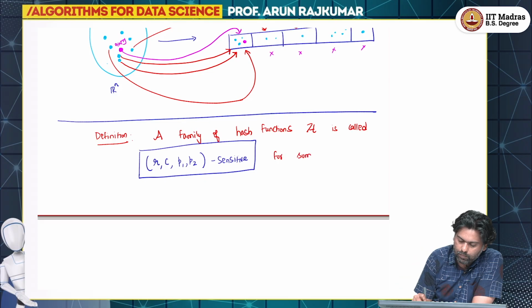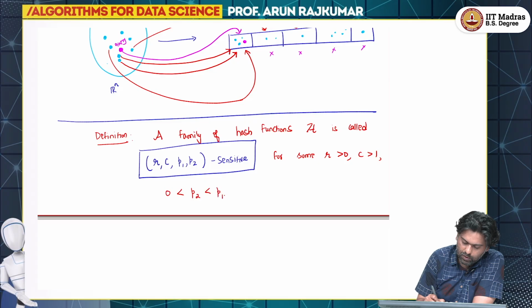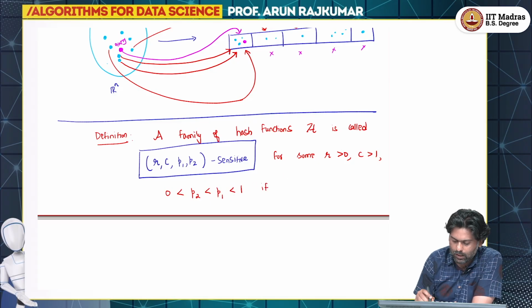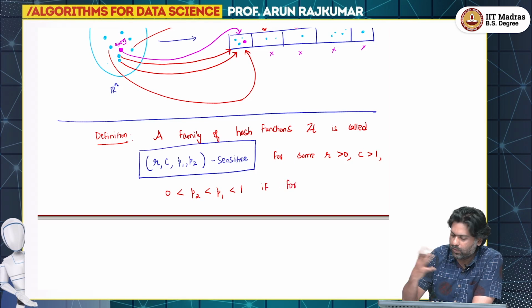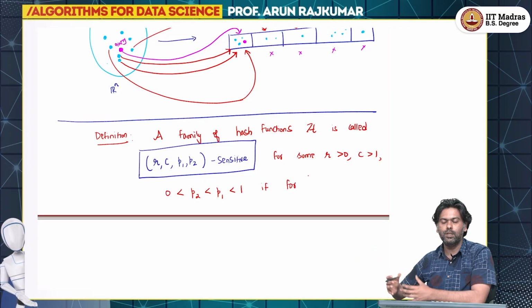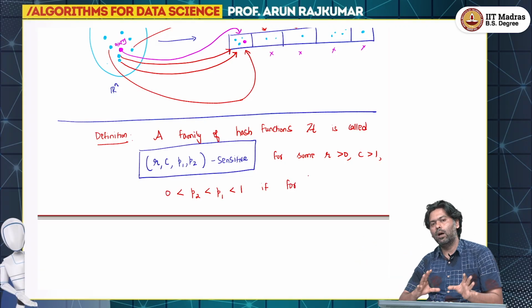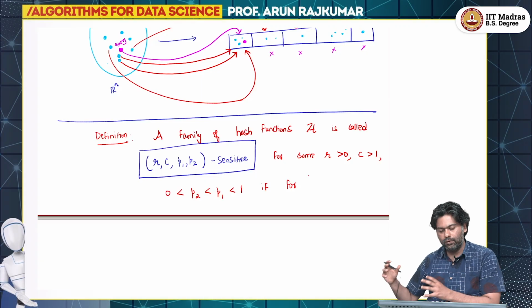So, for some R greater than 0, C greater than 1, and 0 less than P2 less than P1 less than 1, and again I will explain the justification for these inequalities. We have a bag of functions, and I am going to call it (R, C, P1, P2)-sensitive if something happens.